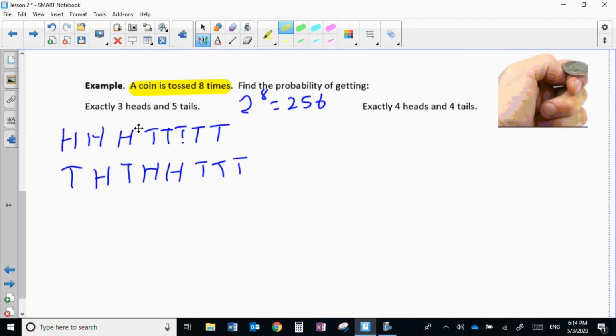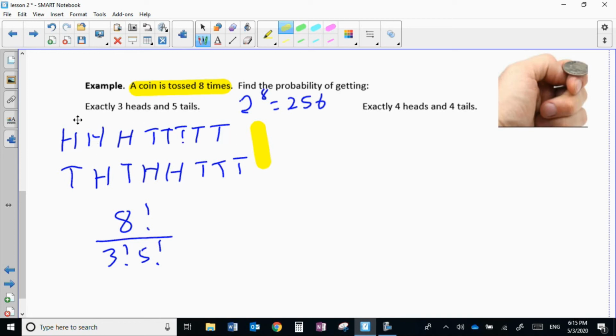Now, how many of those outcomes have exactly 3 heads and 5 tails? Is how many of these can I create? Well, there's 8 spaces. I need 3 of them to be heads and 5 of them to be tails. So it's really, how many ways can I write 3 heads and 5 tails?